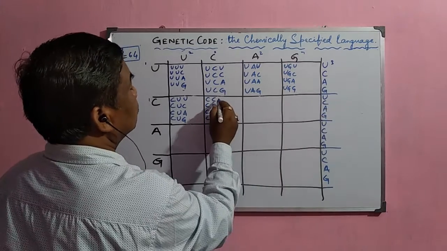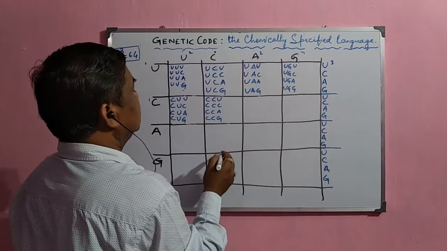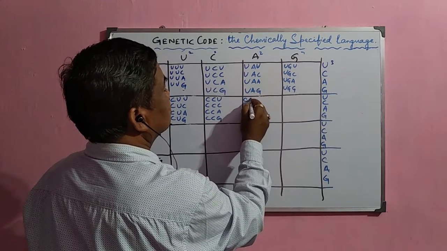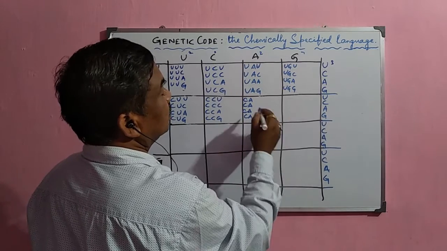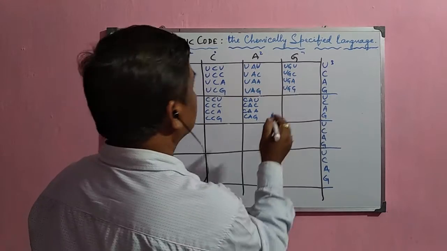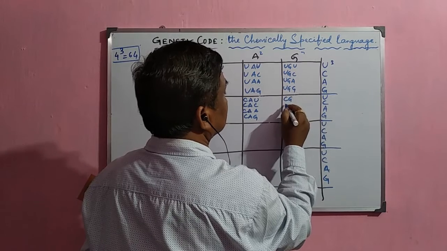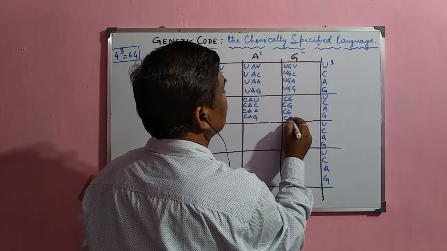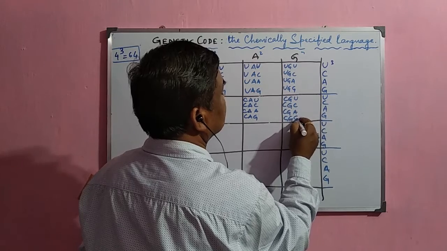Now these four will be U, C, A, and G. Now in this case, the first one is C, the second one A. Now it is CA, CA, CA, CA, and here it is U, C, A, and G. Now in the fourth box, the first one is C, then G, these are constant, CG. But the last one will be U, C, A, and G.